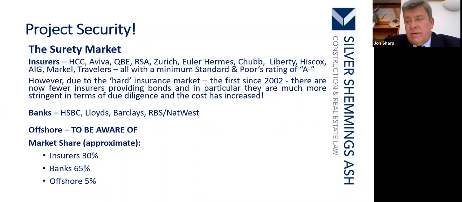We've had the 737 MAX situation. Remember that? The aircraft that didn't quite fly? Boeing built 700 and something of them. That was a big hit on the insurance market. In addition to that, we have significant reserves for the outcome of the Grenfell inquiry. Professional indemnity insurers are very, very worried about that outcome.